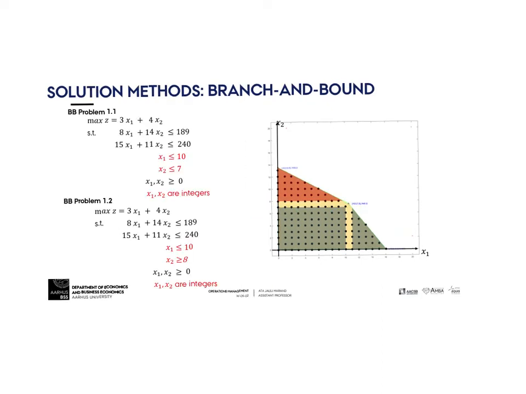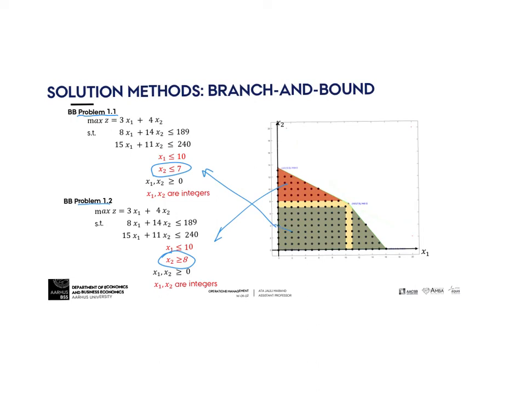From your original problem 1, you generate new problems 1.1 and 1.2 by adding a new constraint. Now you add a new constraint x2 greater than or equal to 8, which is the red shaded area, and x2 less than or equal to 7, which is the yellow area in the corner.